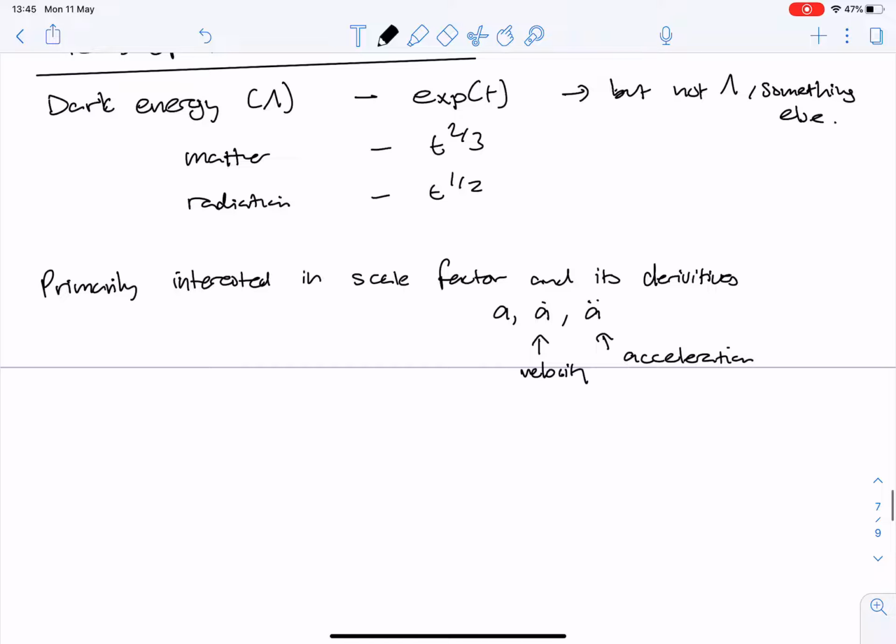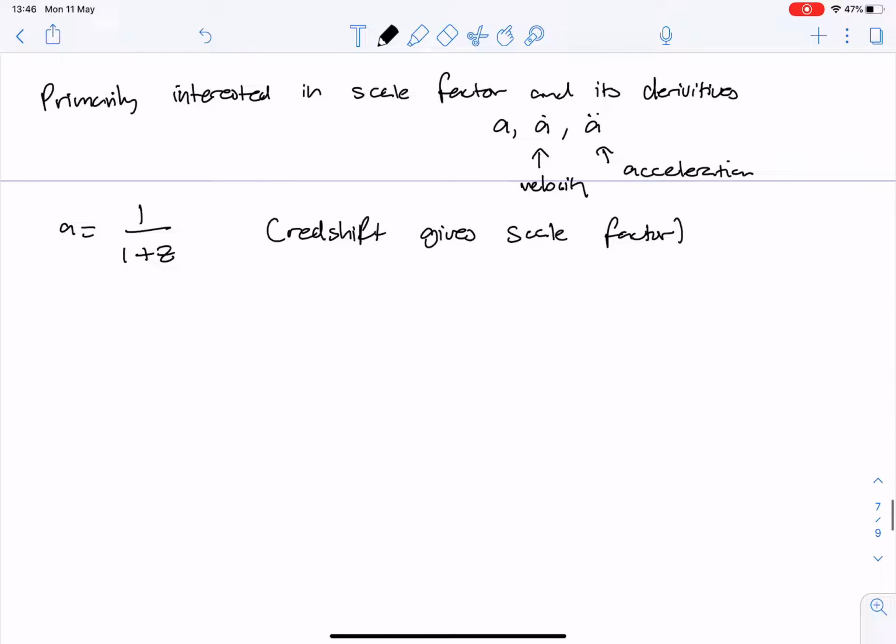And of course, the scale factor comes straight from the redshift. So the redshift gives me the scale factor. That's my observable. I'm then interested in its derivative, which comes from the Hubble constant, or the Hubble parameter more generally.